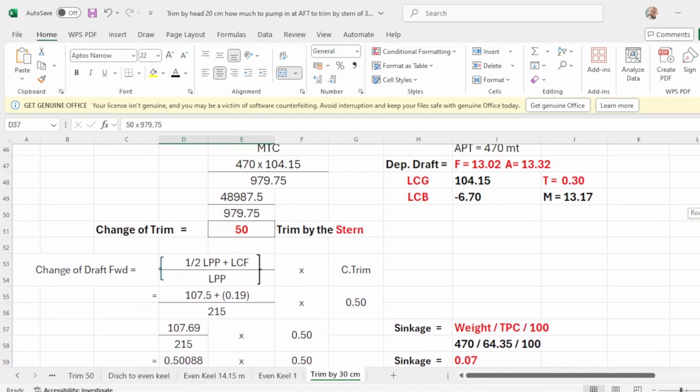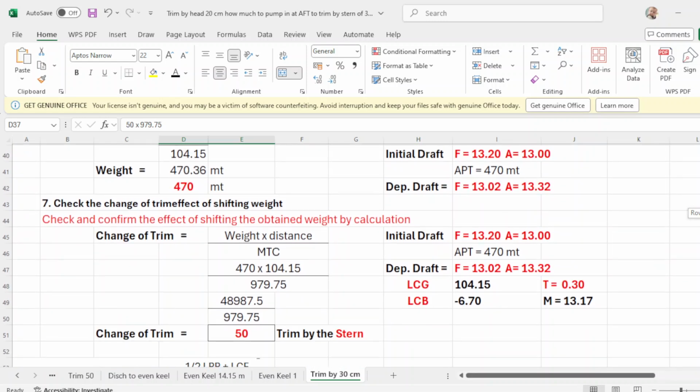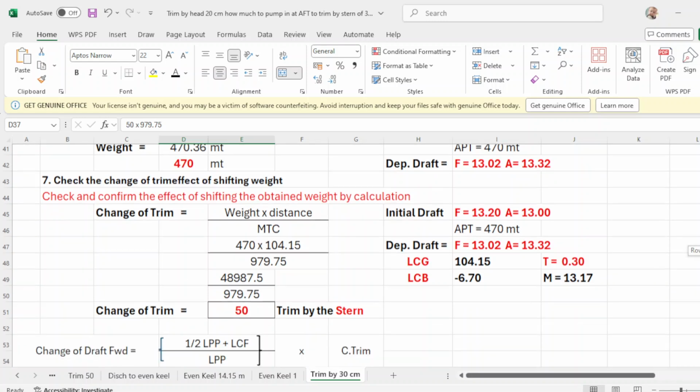The other way of computing the change of trim is weight times distance over MTC. Your weight is 470, your distance, or LCG of your after peak, is 104.15, over your MTC of 979.75. Your change of trim will be 50 centimeters, or 0.50 meters.